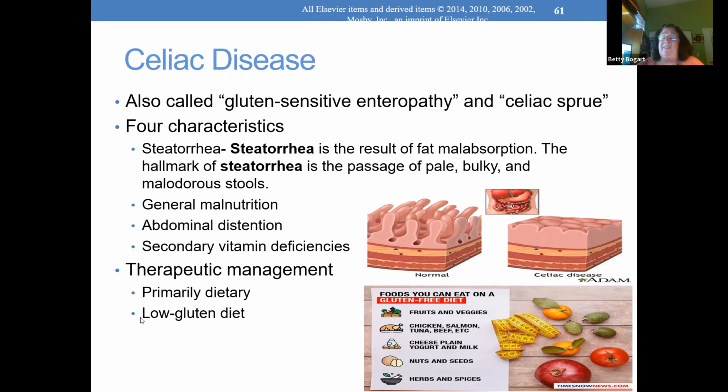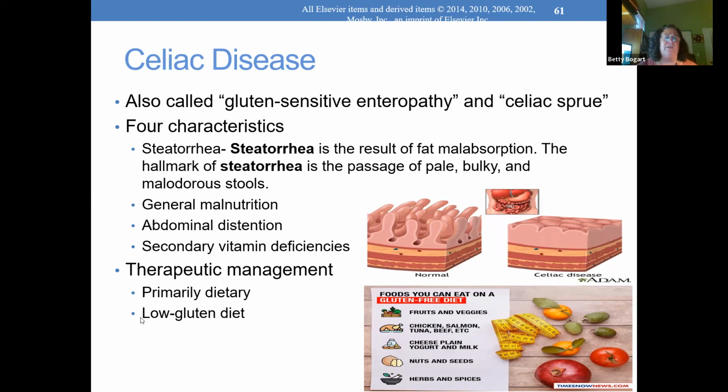If they do eat it, they get severe pain and cramping, and basically it becomes not worth it for these poor little children. They have an inability to absorb fat. So these children will have these extremely foul smelling stools. They call them malodorous, but it's horrible smelling stools, and it will be very pale in color.